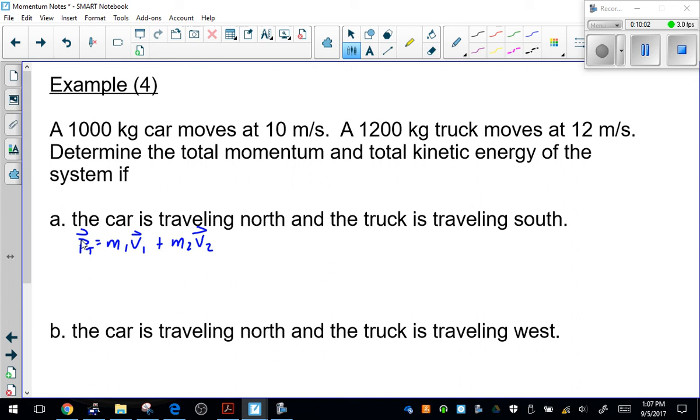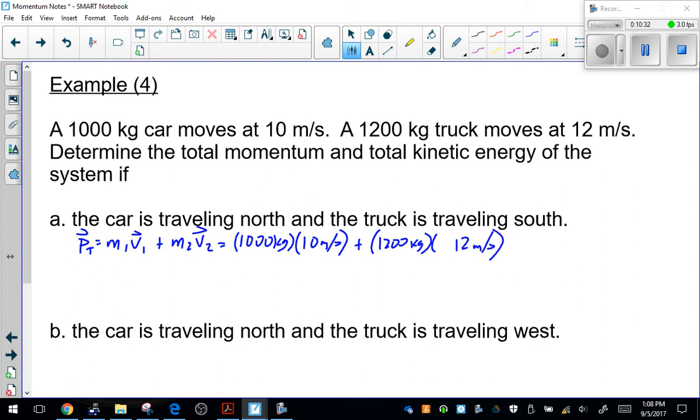Momentum 1 plus momentum 2 gives me the total momentum. Mass 1 is 1,000 kilograms, and its velocity is 10 meters per second. The truck is 1,200 kilograms, and its velocity is 12 meters per second.